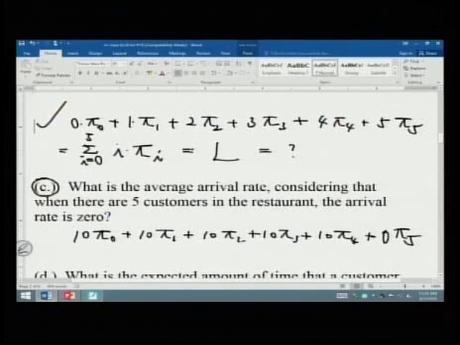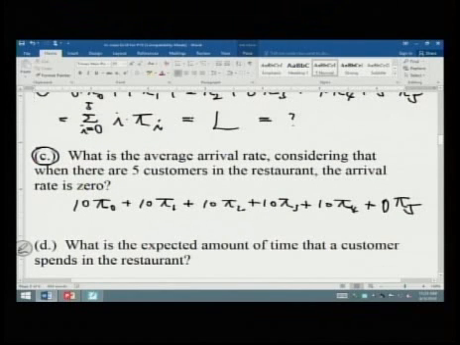Here, 0 times pi 5. Is that correct? So I denote these values as lambda bar. That is the average arrival rate, okay?